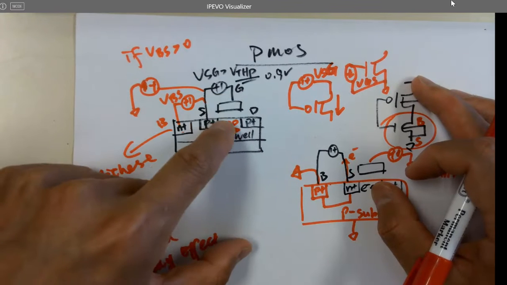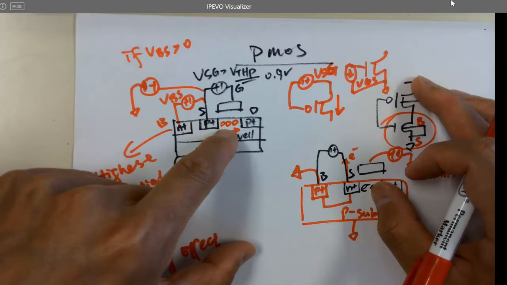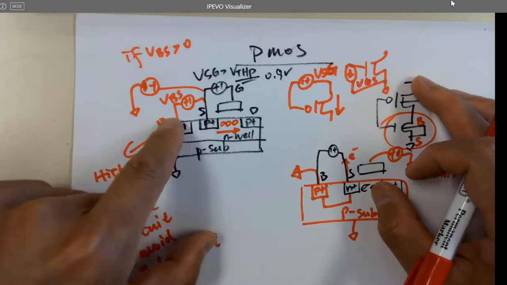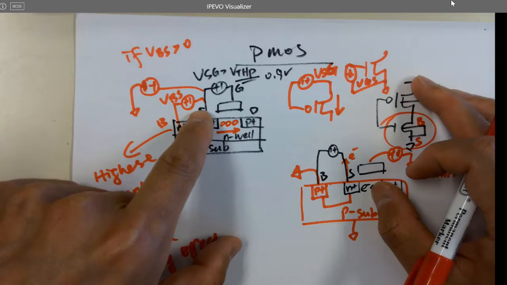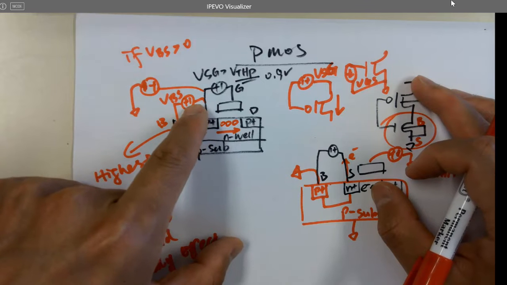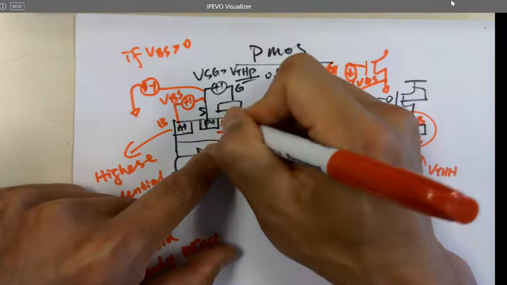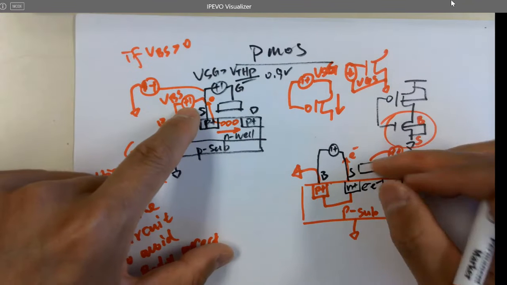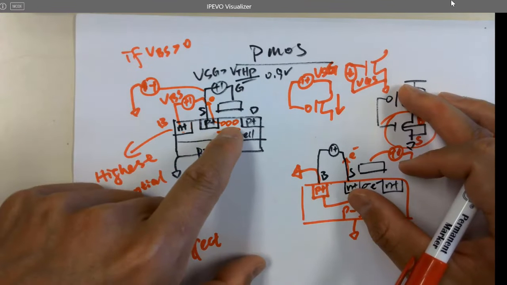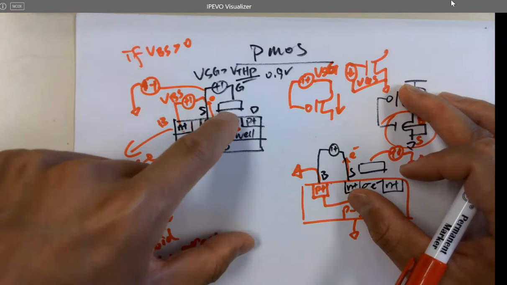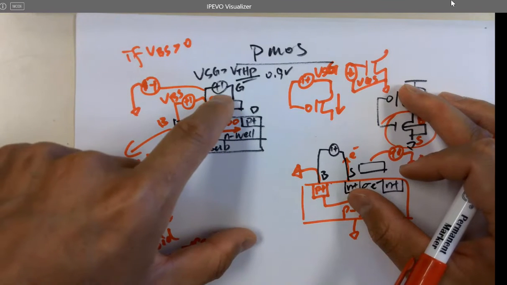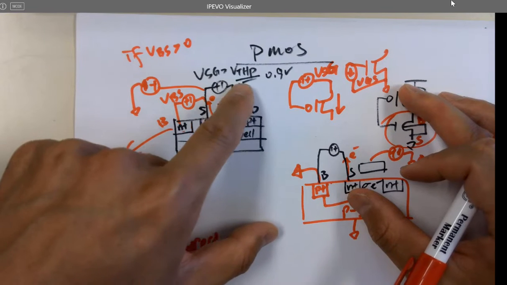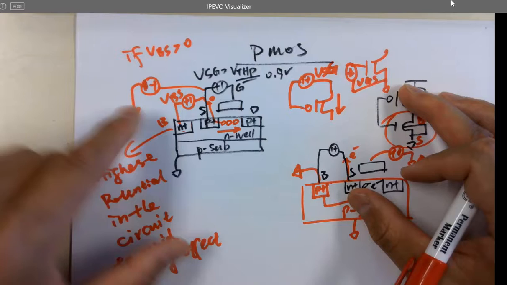The gate voltage attracts holes in order to make a channel. However, if you have a voltage drop from B to S, you get a cathode here, which will attract holes to this voltage. So the channel loses holes, and it takes more effort to invert that channel from the gate voltage, which increases VTHP. So there will be body effect.